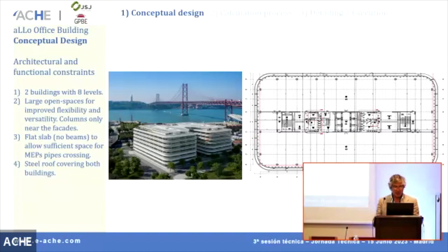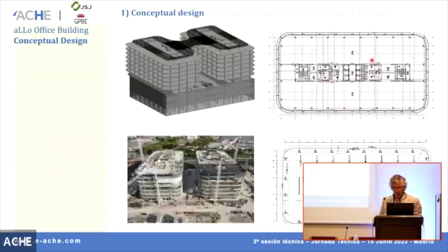We also had flat slabs, and we know that we need space for MEP, the installations and pipes crossing in the ceiling, and also a particular situation of these two buildings. There was a steel roof covering both buildings, and what I'm going to talk about is how we solved these kinds of problems.